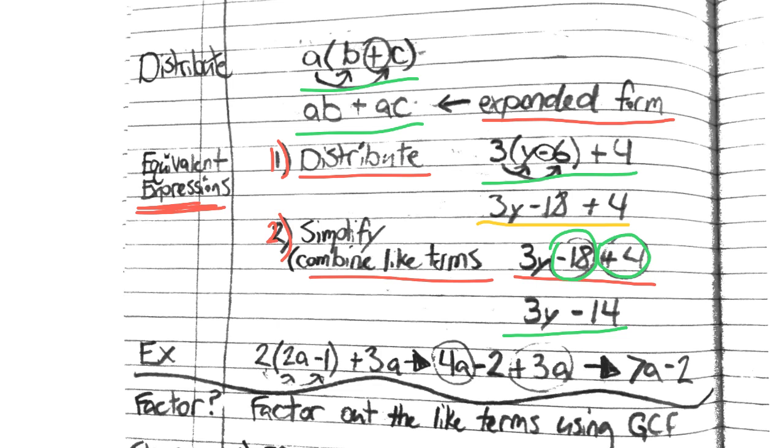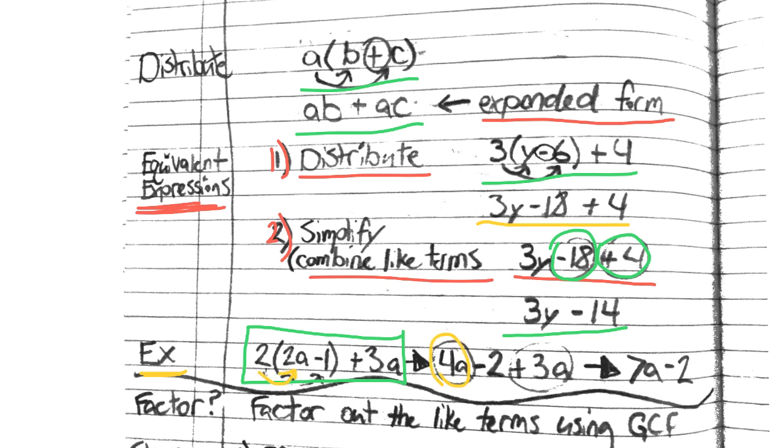Another example down here is we have 2 and then in parentheses 2a minus 1 plus 3a. So this is the whole thing. Now, once we expand and distribute, this 2 times 2a becomes 4a.